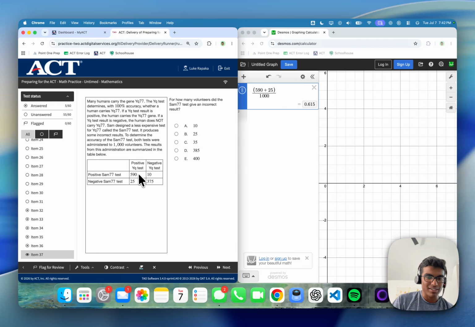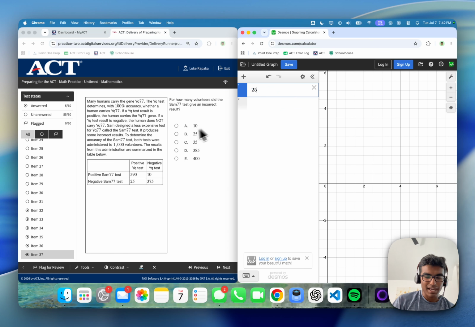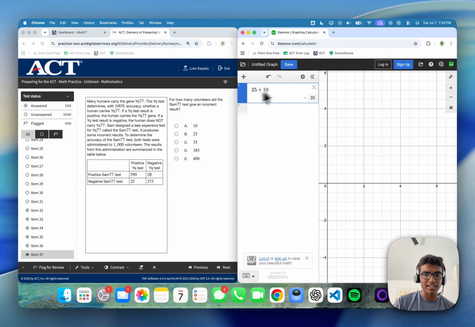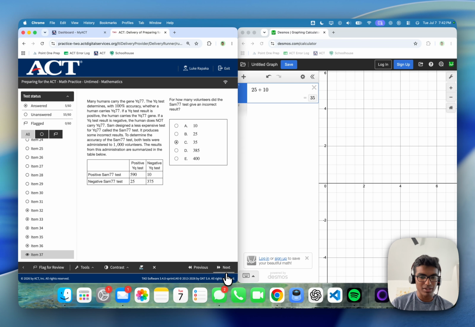So what we're going to see is where one test says positive, whereas the other one says negative. So this is positive over here, and this is negative. So 25 is going to be one of them. And then this is positive, this is negative, so 10 is going to be the other one. Then add those together, you get 35. So that's one of them.